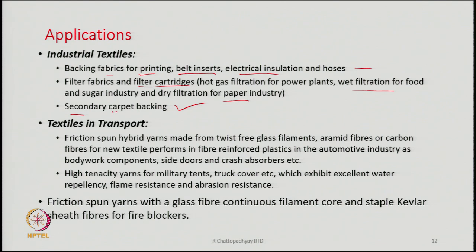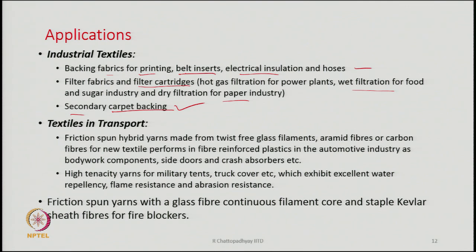In the carpet backing yarn, most of the time what you use is jute yarns. So, we can use this technology and produce yarns and use them as carpet backing, because we basically need thicker yarns there.